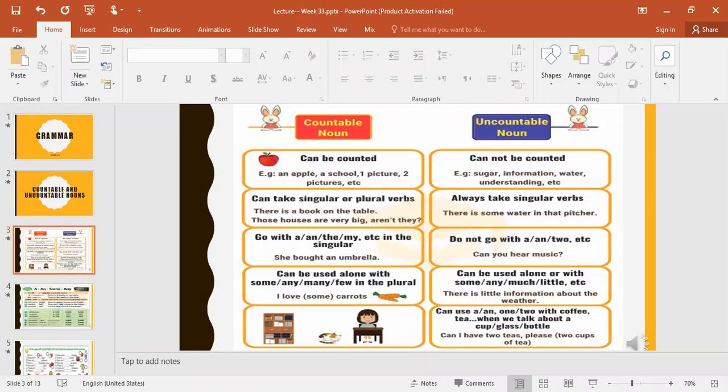Now let's move to the second difference, which is countable nouns can take singular or plural verbs. And please concentrate here, this is very important. شو يعني singular or plural verbs?